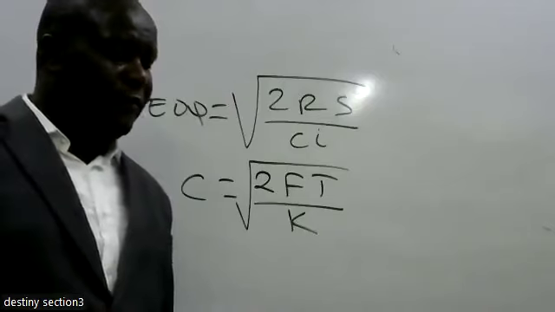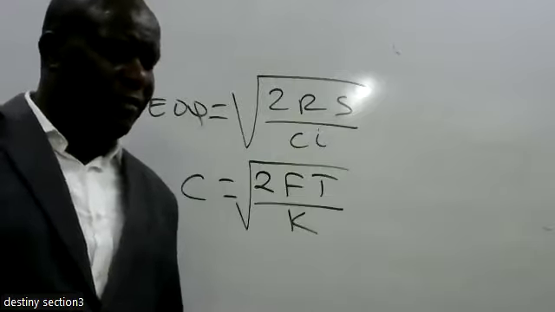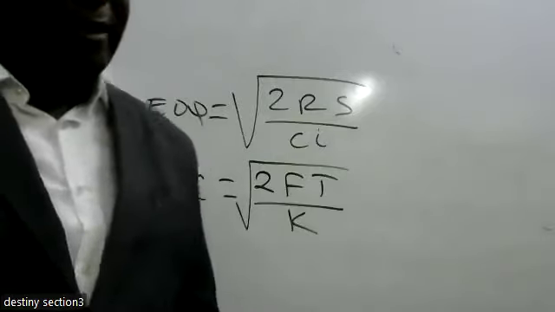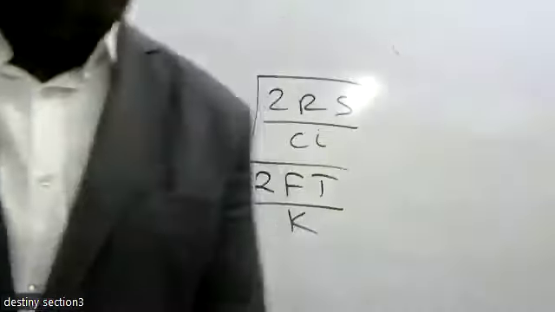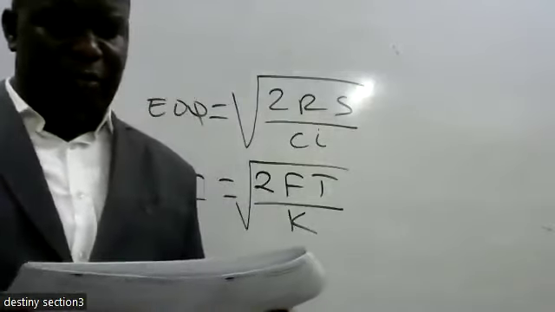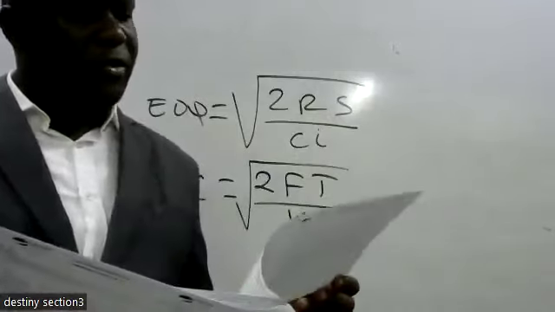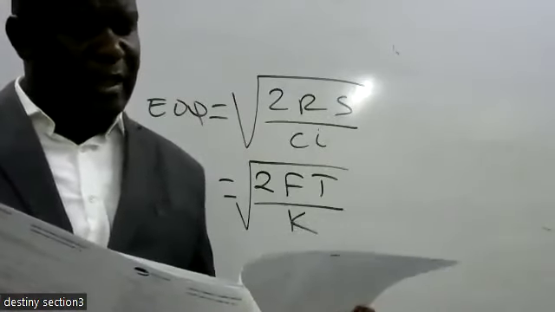Number three, speculative purpose. Number four, financing of the borrowed amount. Then there is also to enable the company to pay its bills when they fall due. Those are the reasons why we normally hold cash. They normally ask you some questions in relation to that item.